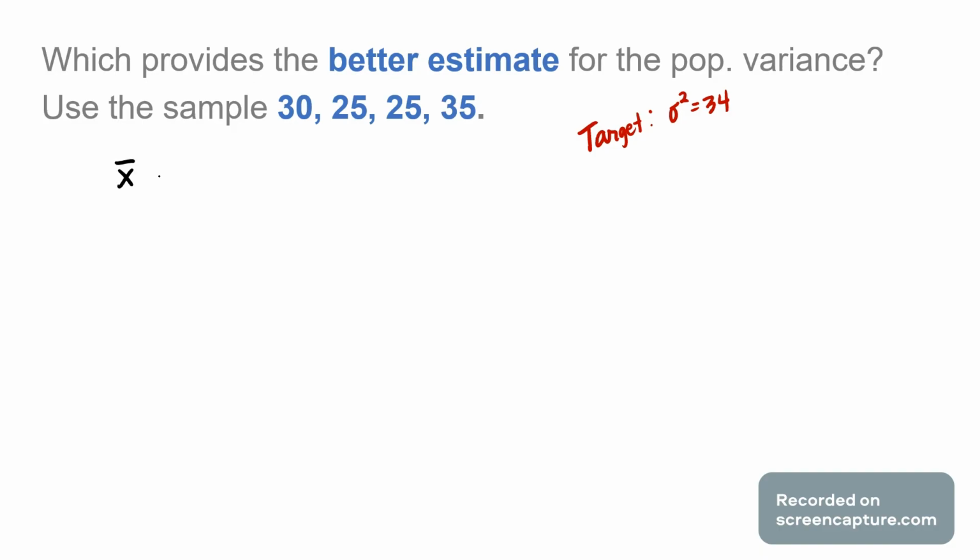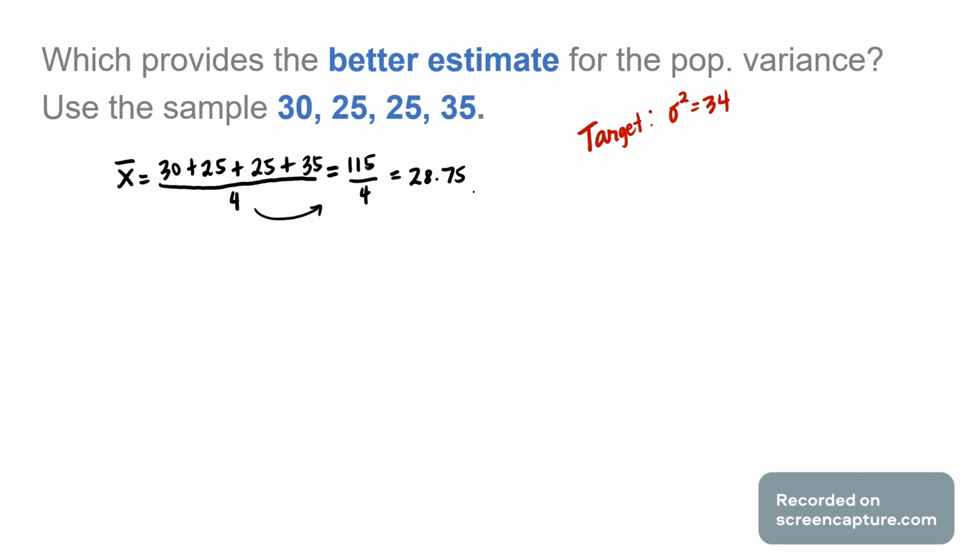And the symbol is x bar because we have a sample mean. So 30 plus 25 plus 25 plus 35. The answer here is 115. Then divide by 4 because we have 4 values. And 115 divided by 4 is 28.75.